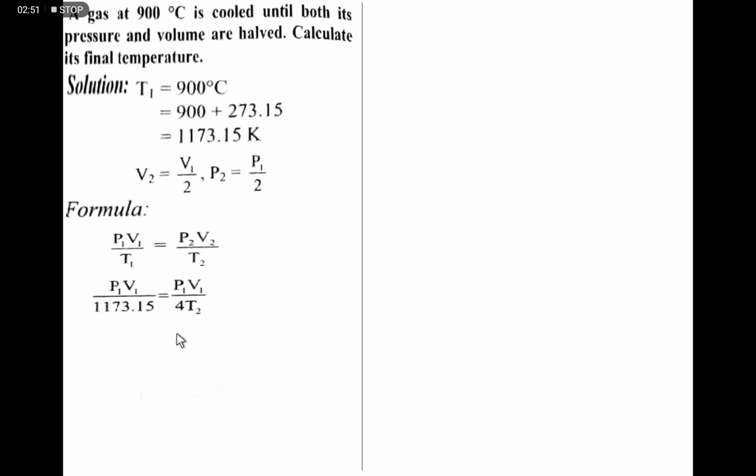So T2 is equal to 1173.15 divided by 4. After this calculation we'll get the temperature at which the pressure and volume are halved. So this temperature is 293.29 Kelvin.